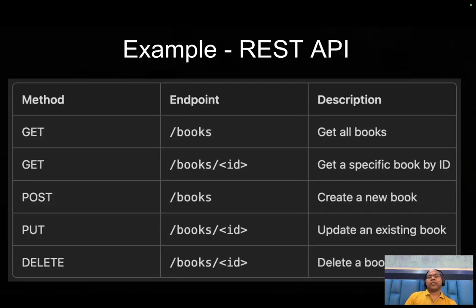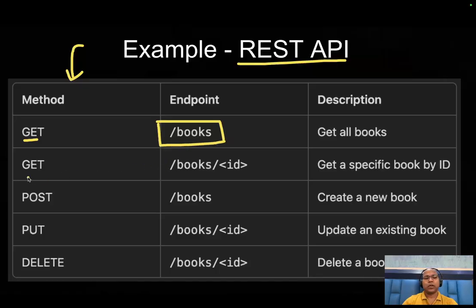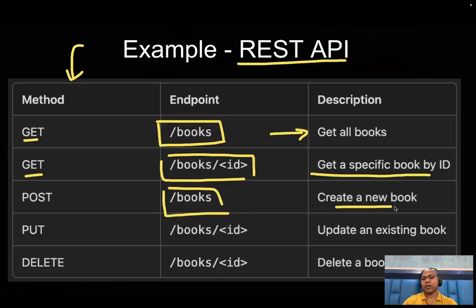So for understanding, let's build a couple of APIs. Let's create a GET API for books, to get all the books. Then books by ID, specifying the ID. Here, create a new book.